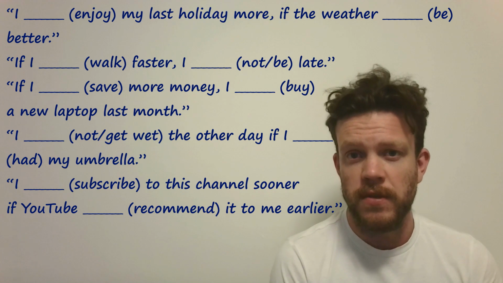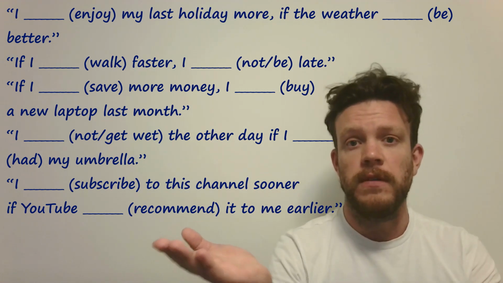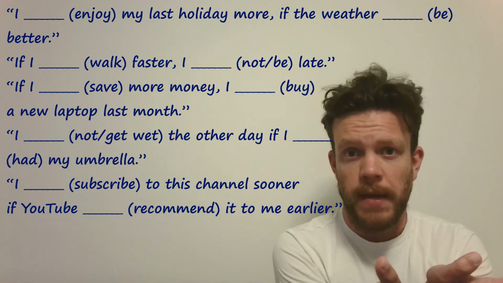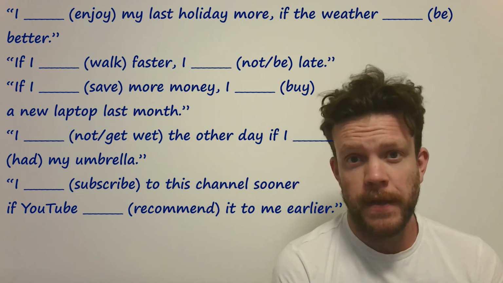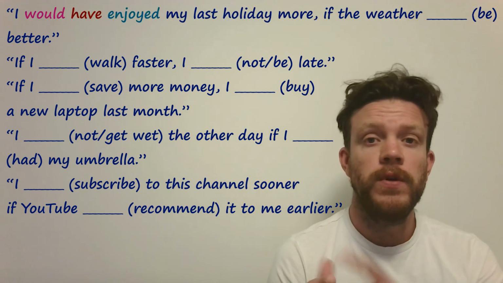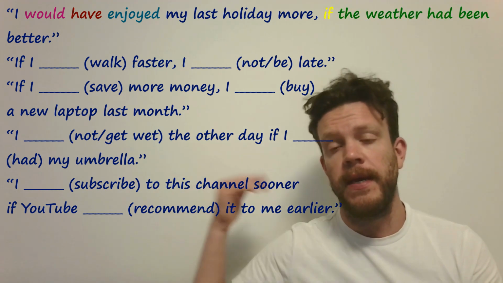Just pause the video and complete these third conditional sentences, and always remember the if or result can come in either order. And well done if you said, I would have enjoyed my holiday more if the weather had been better.